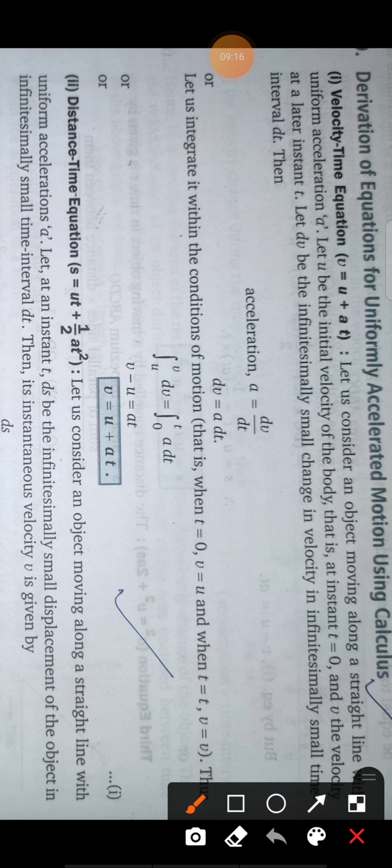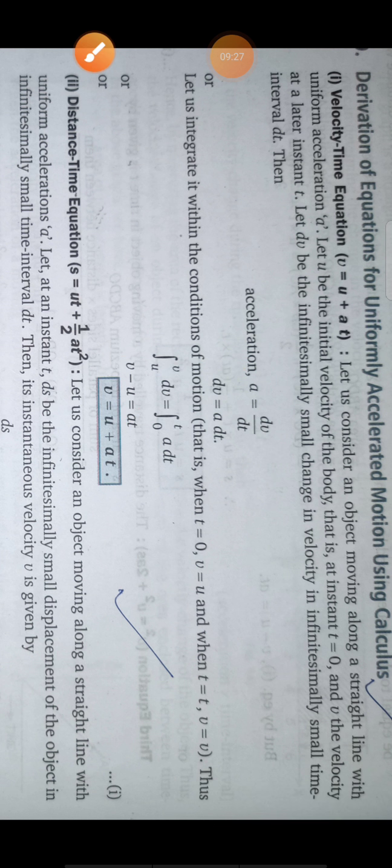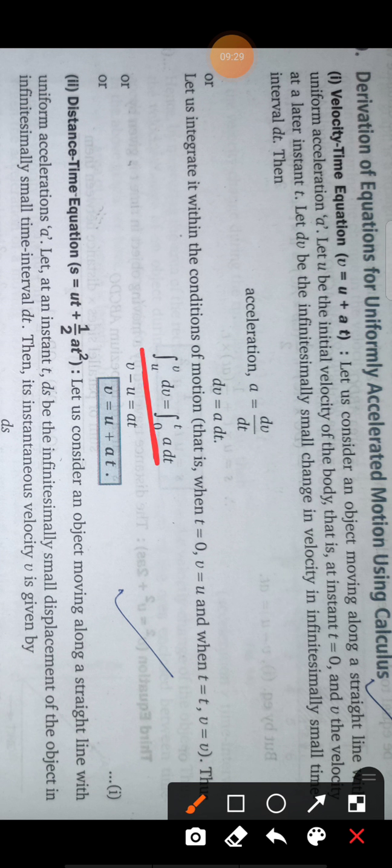So we'll integrate these two terms, dv and dt. Lower limit of velocity is u to v, and limit of time is from 0 to t. Now what is the integration of dv? Integration of dv is v, the limit is from u to v.